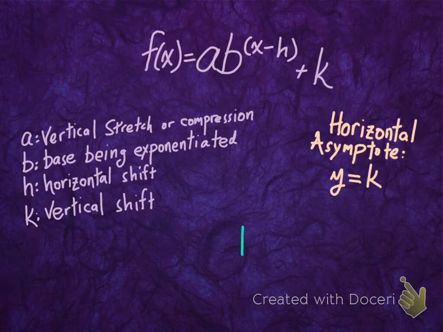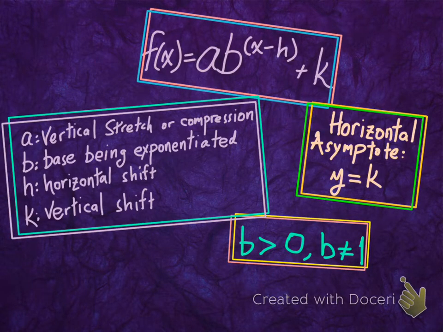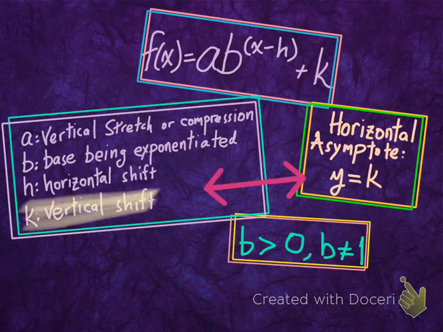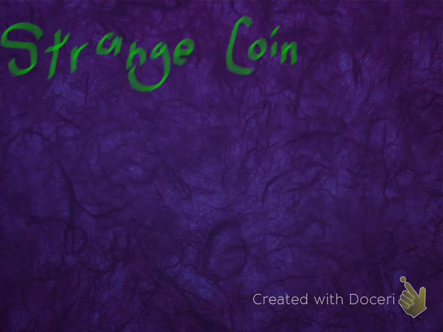We also looked at the restrictions for b in the last video, and that direct relationship between the vertical shift and the horizontal asymptote. Well, in this video, what we're going to talk about is A and H, the vertical stretch or compression and the horizontal shift, and those two things together form what I am calling this strange coincidence.